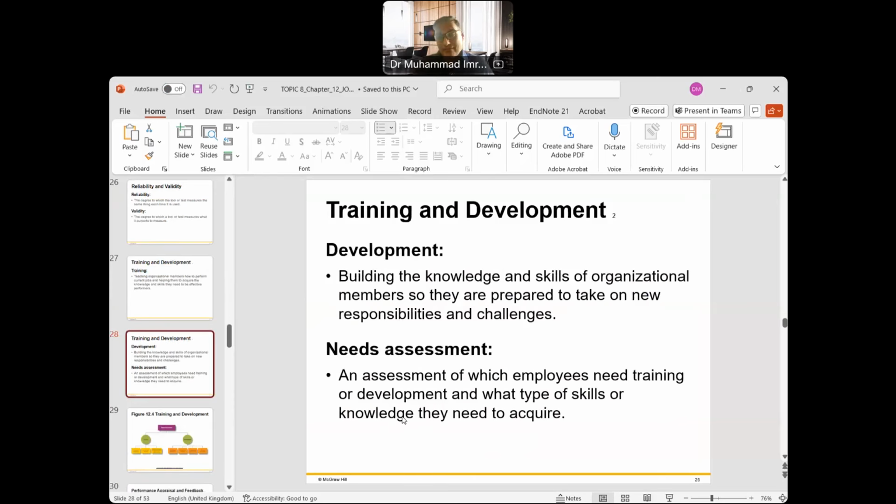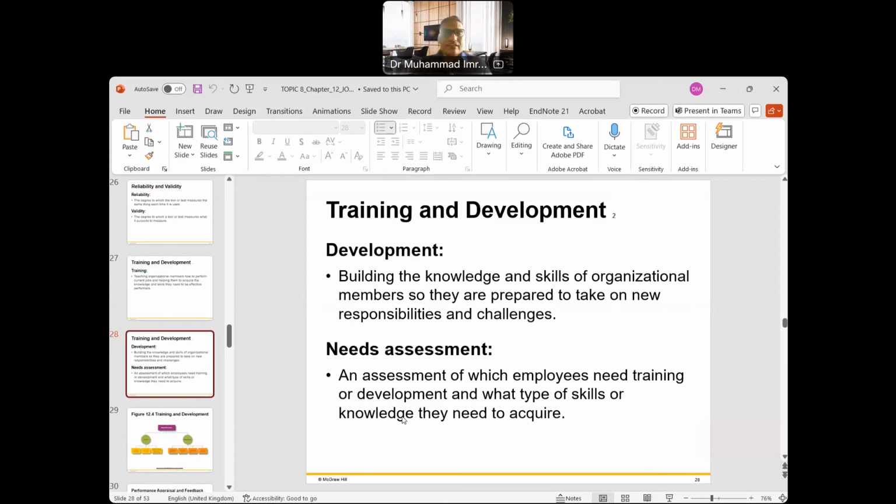So here is development. What is development? Training is the basic one, which we give them to fulfill their basic job responsibilities. But if we want to give them more responsibilities, or promote them, then they need development. This is also part of training, by the way: building the knowledge and skills of organization members so they are prepared to take on new responsibilities and challenges.